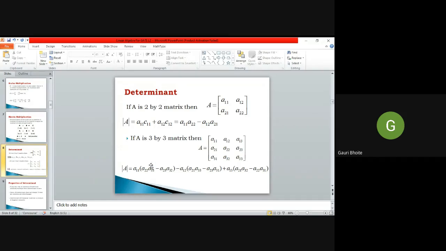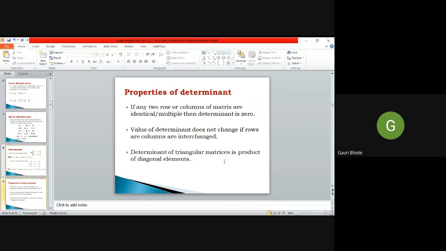For 3 by 3, first A11 into the determinant of the 2 by 2 matrix, then minus A12 times the determinant of A21, A23, A31, A33, plus A13 into the determinant of A21, A22, A31, A32. I am not interested in the detail of how to calculate, you already know. I am interested in the properties of determinant.